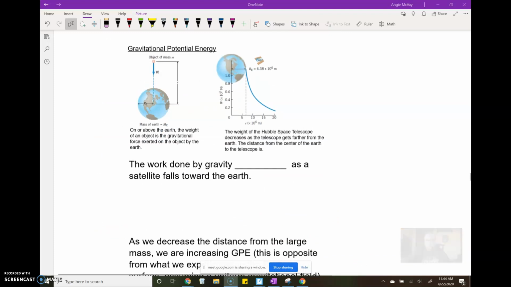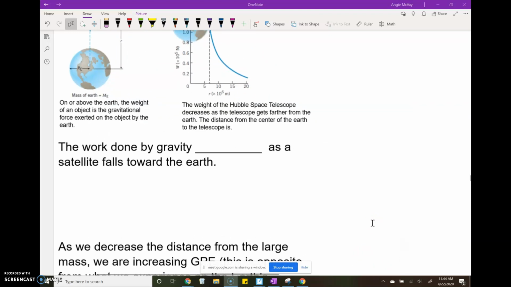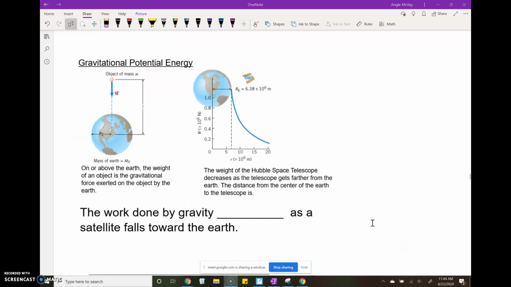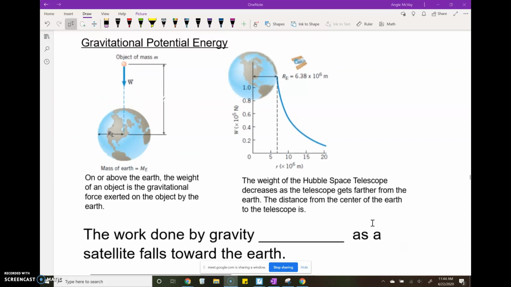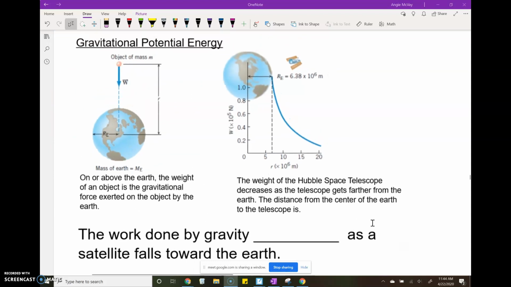All right, so let's take a look at gravitational potential energy on a planetary scale here. I'm going to zoom in to my lesson. So gravitational potential energy on the surface of the Earth, we use GPE as mgh, right?